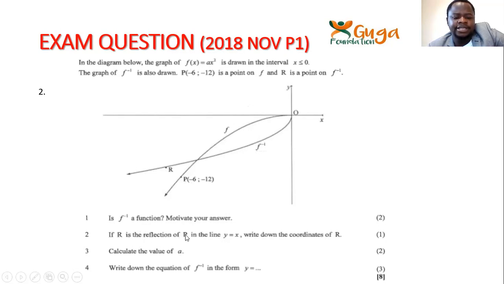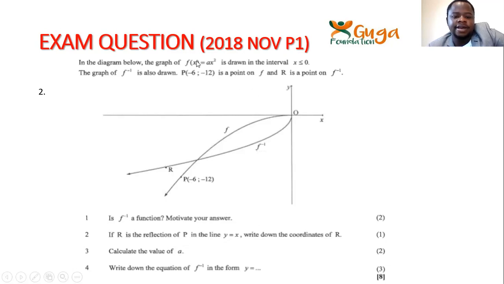If R is a reflection of P in the line y is equal to x, write down the coordinates of R. So P is reflected along the line y is equal to x, so you just exchange, your R will be (-12, -6), just exchange the coordinates. And then calculate the value of a.